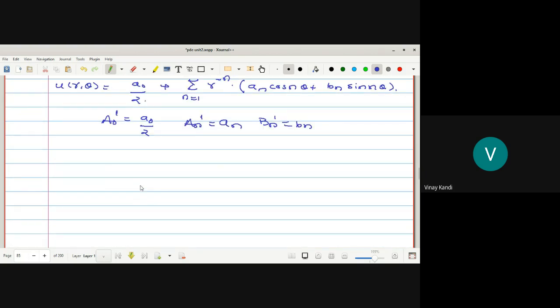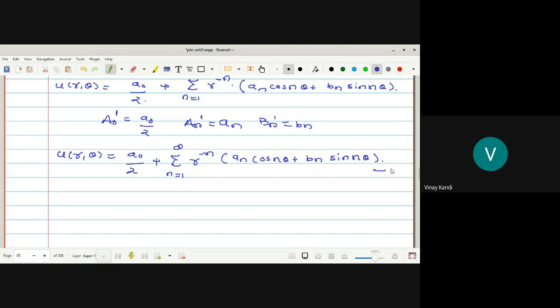Hence we get u as a function of r theta equal to a naught divided by 2 plus summation n equal to 1 to infinity of r raised to minus n into a n cos n theta plus small b n sin n theta.